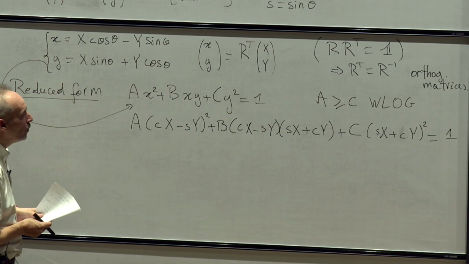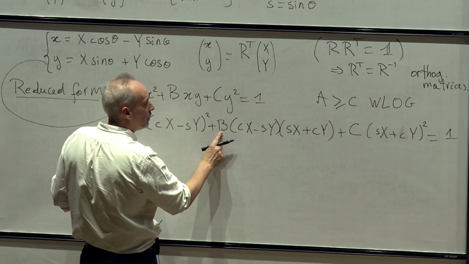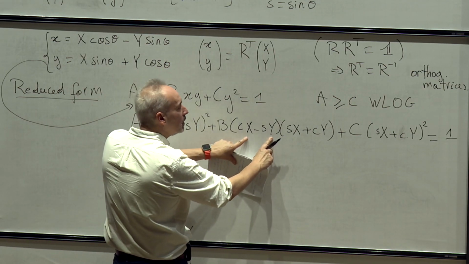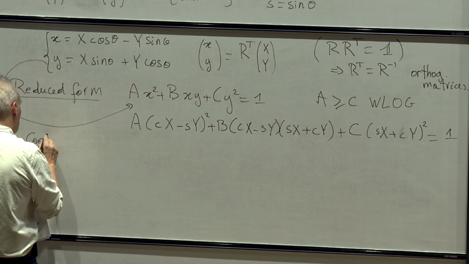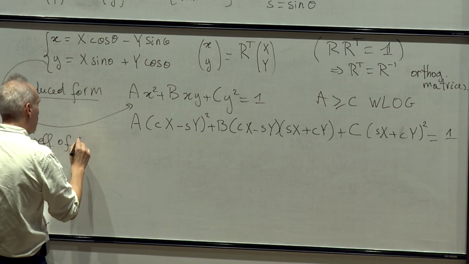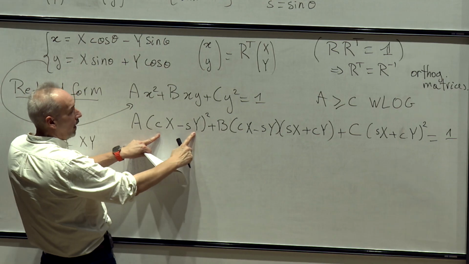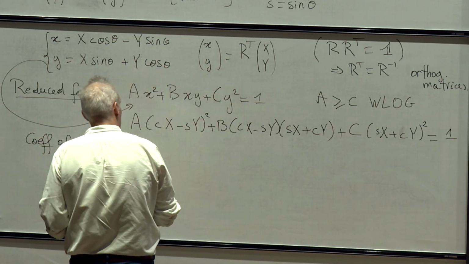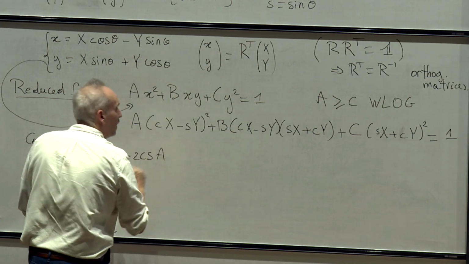So remember, what we're trying to do is to choose the angle theta to get rid of the b, so to get rid, in the new coordinates, of the coefficient in front of xy. The coefficient of xy is going to have a contribution from all the terms. From the first one, I have minus 2cs times a.